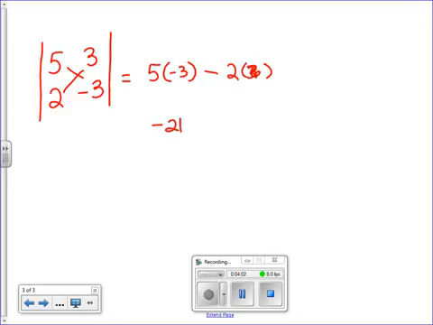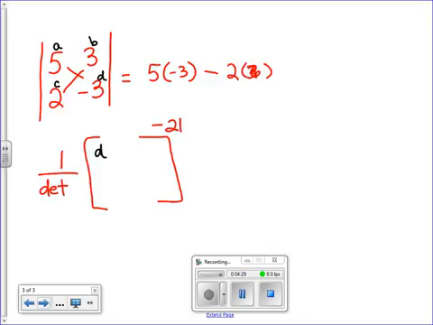Now, how does that turn into an inverse? Well, to find the inverse, we put 1 over the determinant, and we multiply it by the matrix where those were A, B, C, D. D and A change places, and B and C change signs.